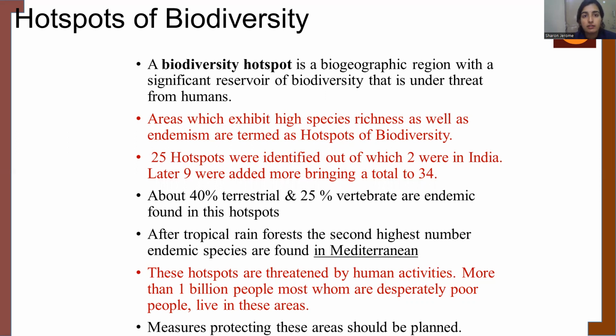These hotspots are threatened by human activities. More than 1 billion people, most of whom are desperately poor, live in these hotspot areas. Measures of protecting these areas should be planned because they are highly under threat from human beings.